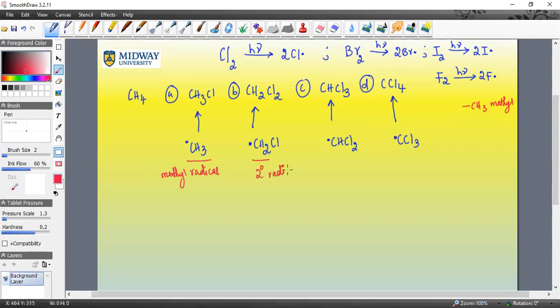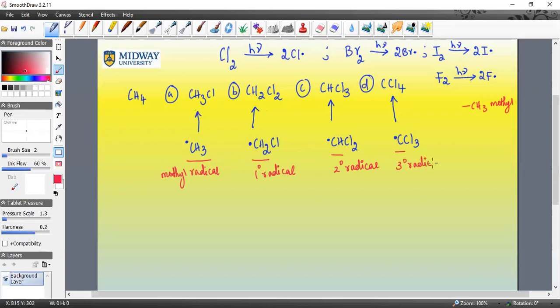Anytime you have a carbon, I'm sorry, it should be called a primary radical. Anytime you have a carbon with 2 hydrogens, it's called a primary radical. A carbon with only 1 hydrogen is a secondary radical. And a carbon with no hydrogen and a free odd electron is a tertiary radical.